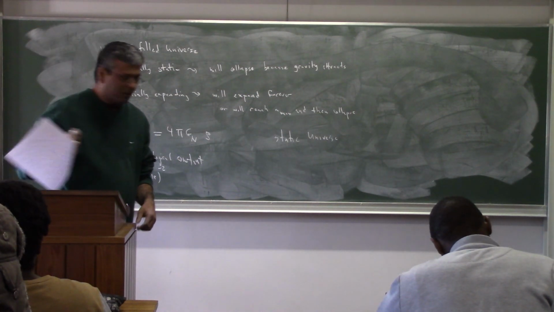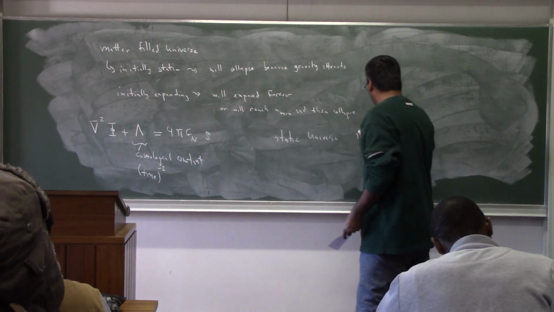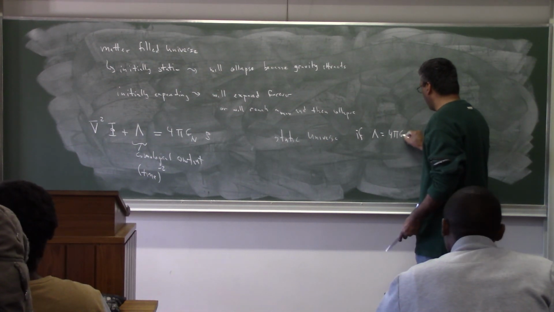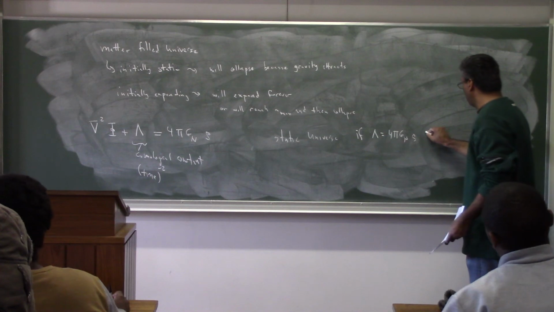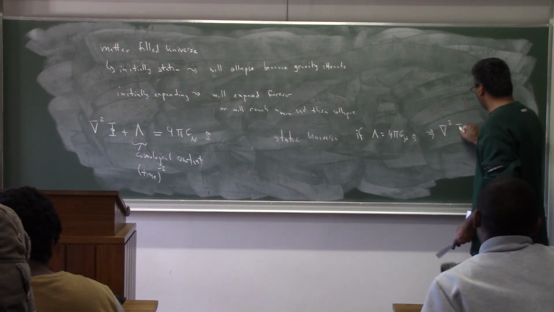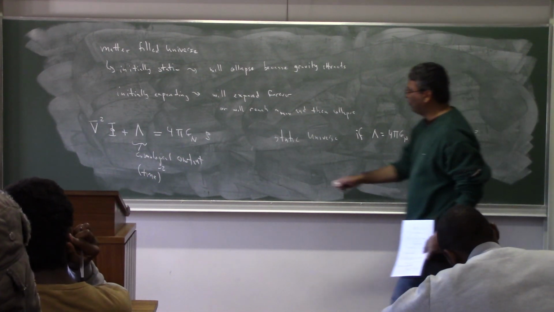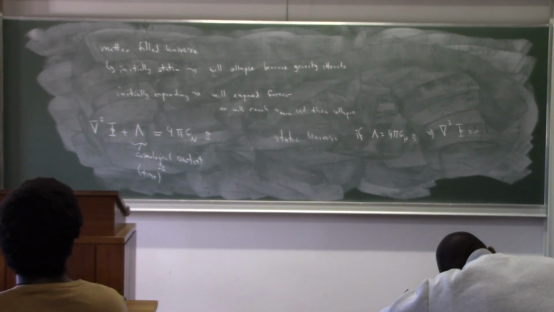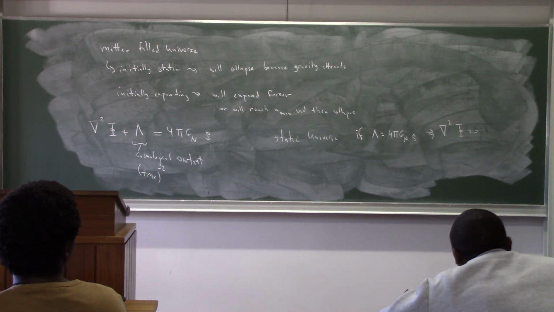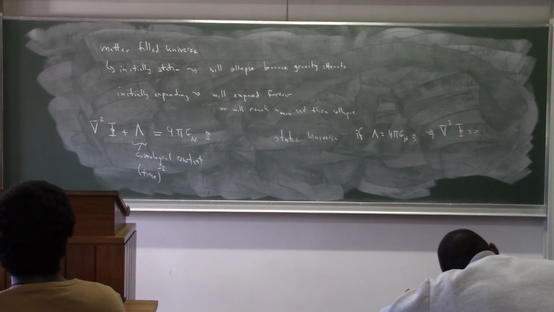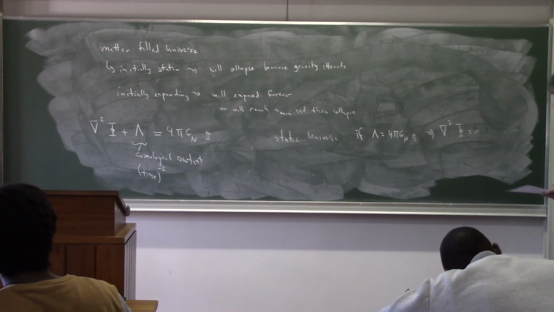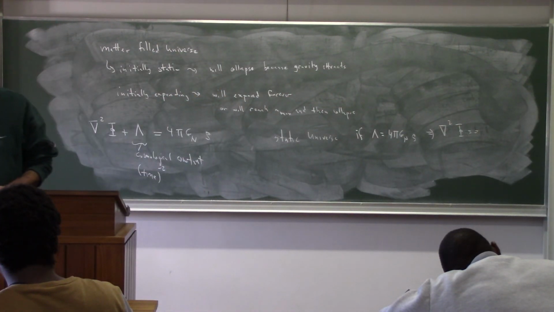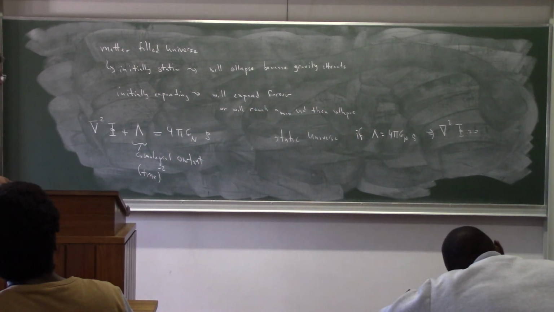So if lambda is equal to 4 pi G Newton rho, then del squared phi equals 0, because you cancel this term with this term. And then we have a universe in which phi is constant. So that's pretty clever.